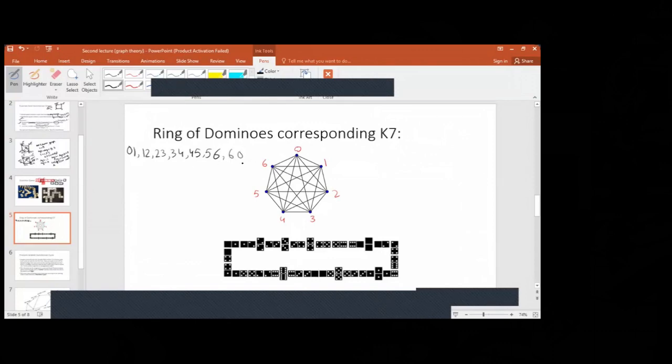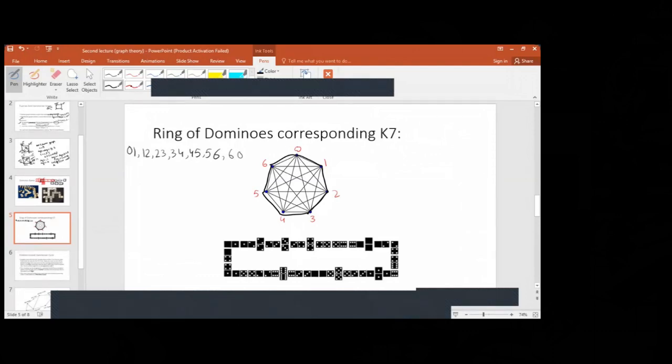Next is 0-2, because we come from 0-1, 1-2, 2-3, 3-4, 4-5, 5-6, 6-0. Next we will move towards 2, not 1, because we already covered this edge.